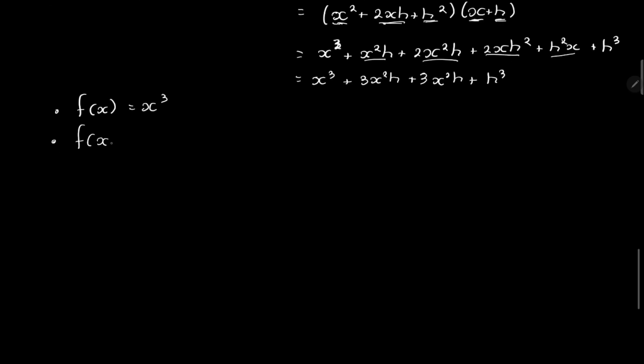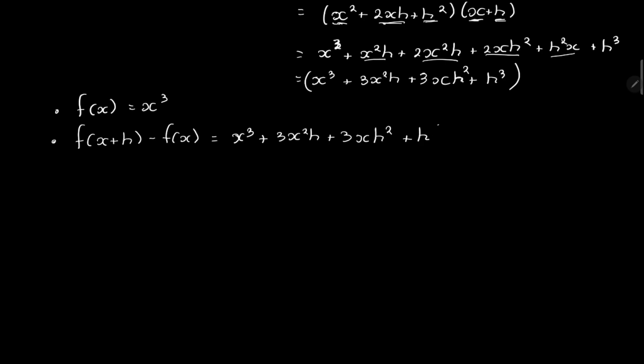So f of x plus h is x cubed plus 3x squared h plus 3xh squared plus h cubed, minus x cubed.